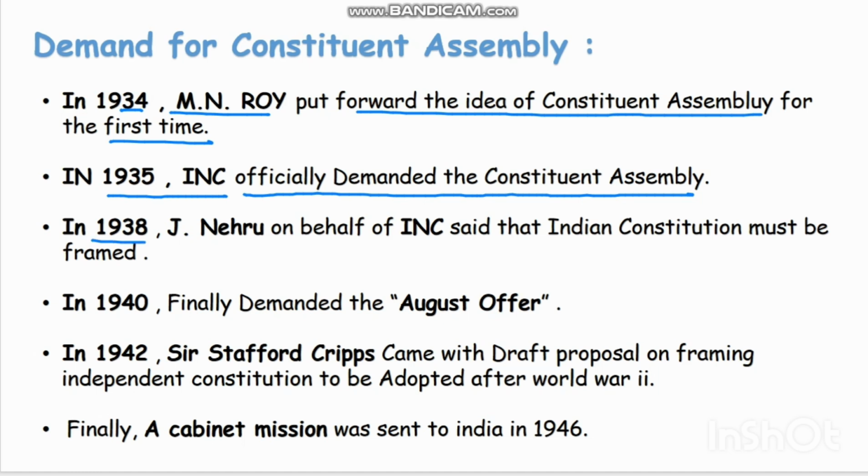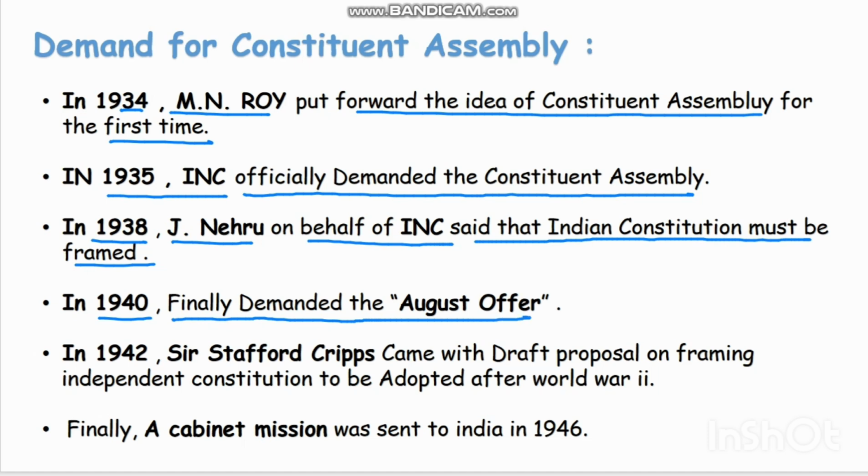And in 1938, Jawaharlal Nehru, on behalf of the INC, said that the Indian Constitution must be framed without interference of outsiders and that it will be independent. In 1940, after many protests, the demand for a constitution was finally accepted with the August Offer.